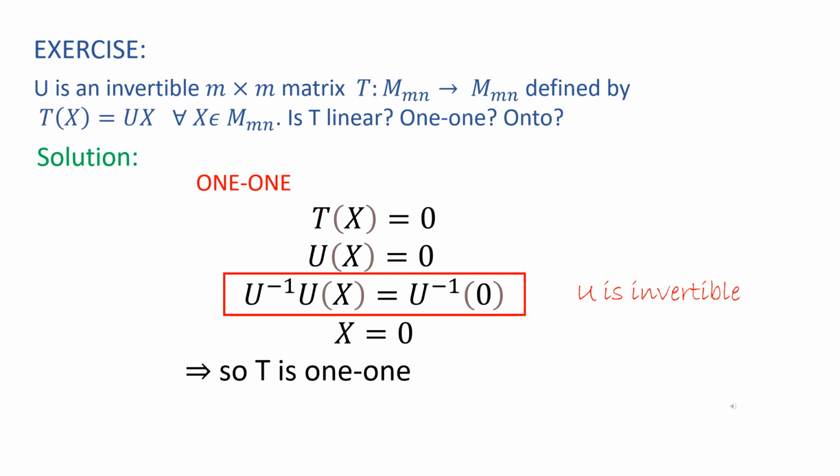Now let's check the other property. Now we have to discuss the surjective property, that is also called onto. Here we have any element y belonging to M_MN.